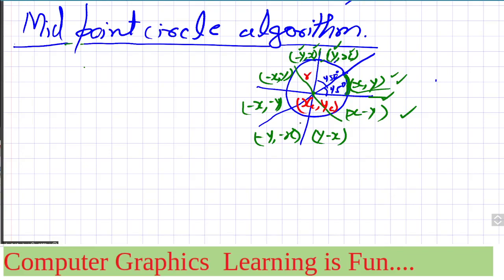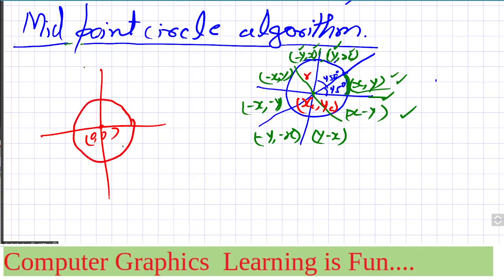Now one thing that we have to do here is bring this center to 0 0. Using this 0 0 we will find the octant, and later on find the circle, and then to all the pixels we will add the values of x c and y c so that it is transformed to its original place.